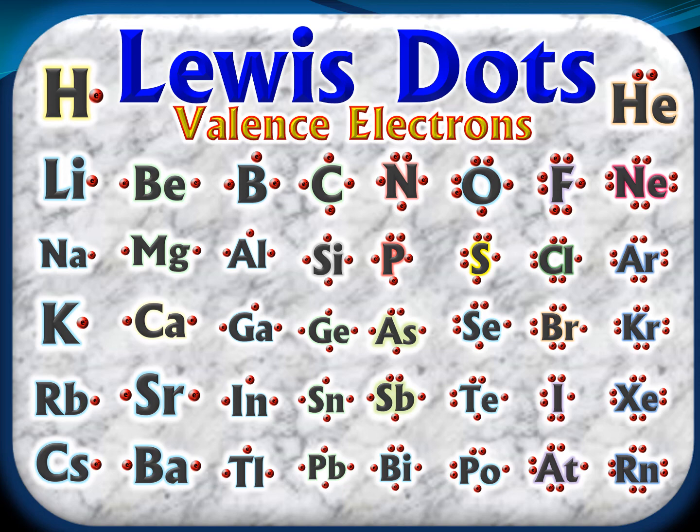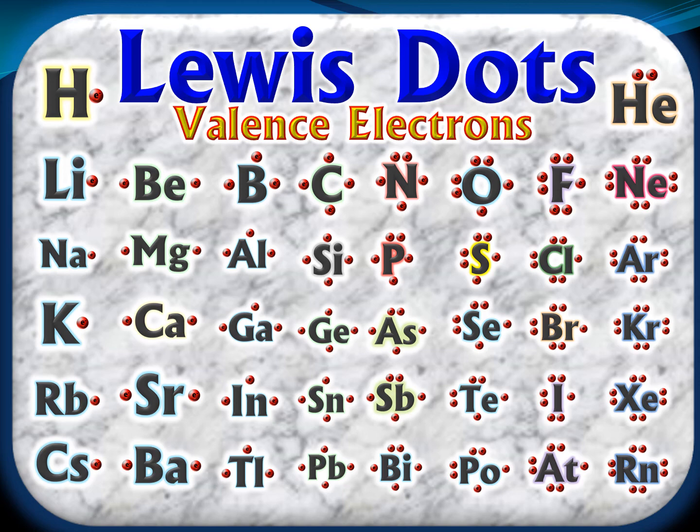Okay? So notice that after beryllium, it goes straight to boron. Where's that big space that occurs there? It's missing. Okay, so I've squeezed them together. Notice in the second column, as you go from beryllium down to barium, well, they all have a dot on each side. They have 2 Lewis dots. And then in the boron column, the one that has a B on the top, it's actually called the aluminum family.